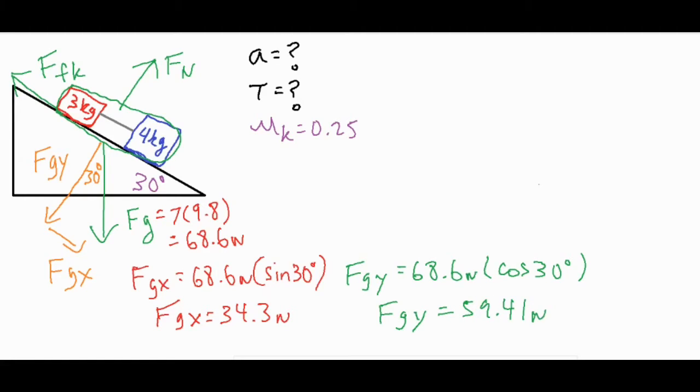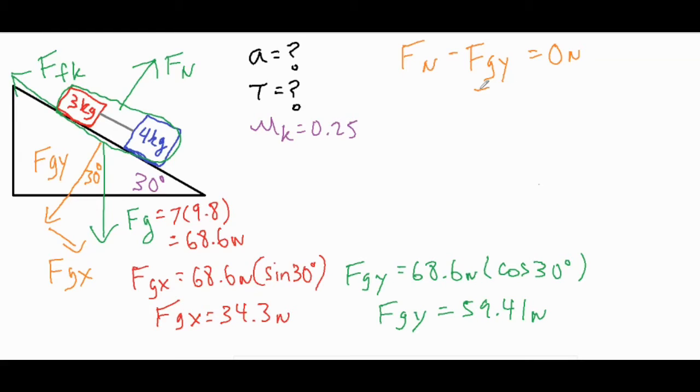and then that leaves us with an FGY of 59.41 newtons. Okay, now when we create our formulas, we're going to have one formula for the y-axis or the perpendicular axis, and then we're going to create one formula for our parallel axis or our x-axis. Now for our perpendicular one, we just have Fn going up, subtracting FGY going down, and we know that equals 0 newtons because there is no movement or acceleration in the perpendicular direction.